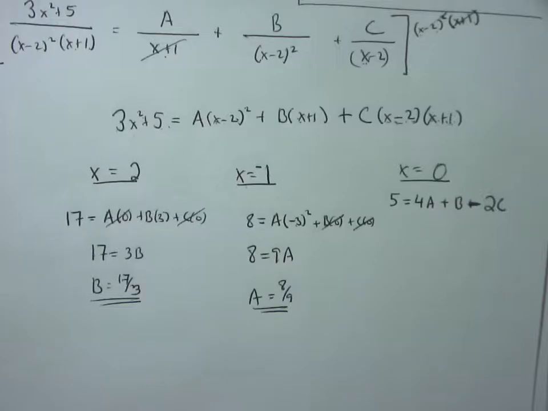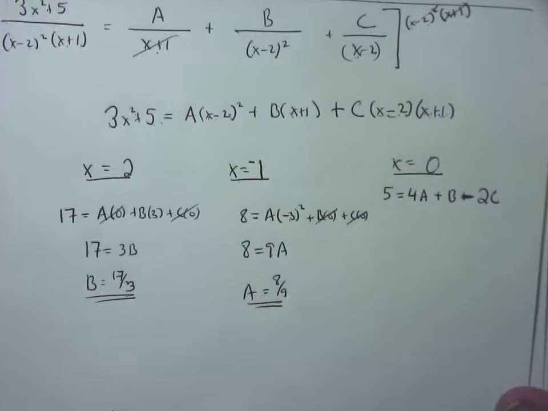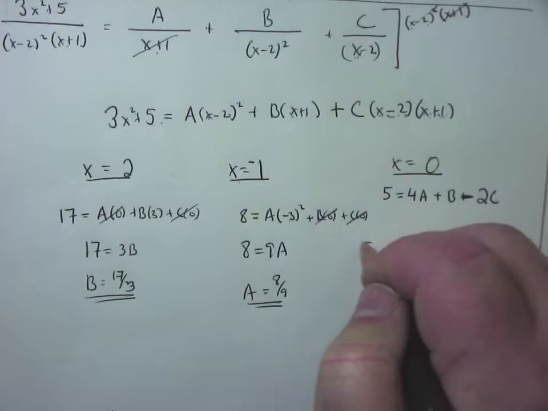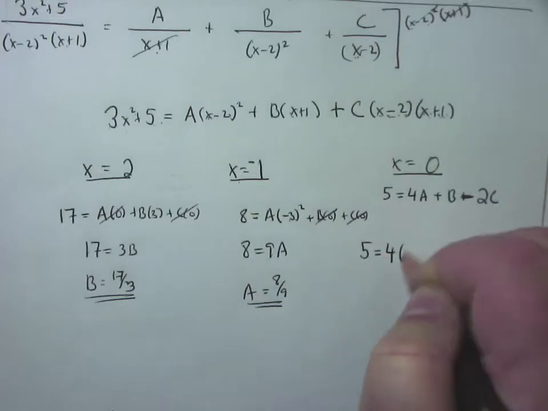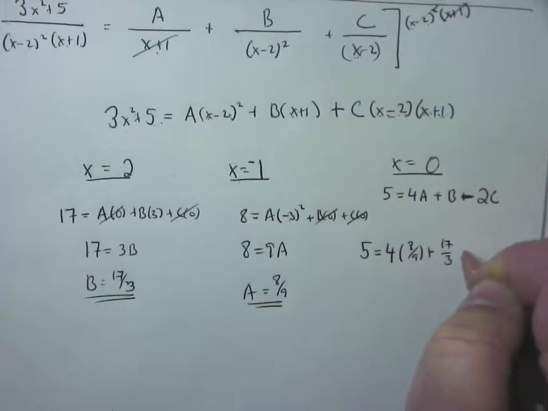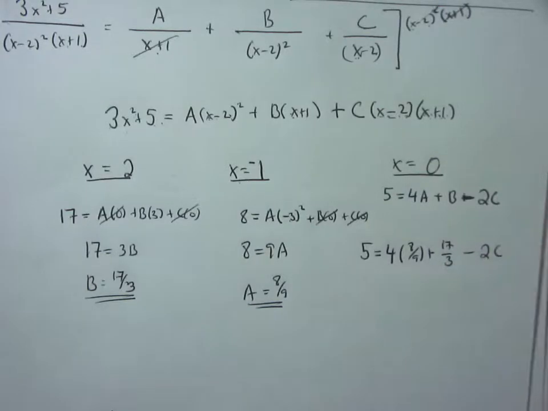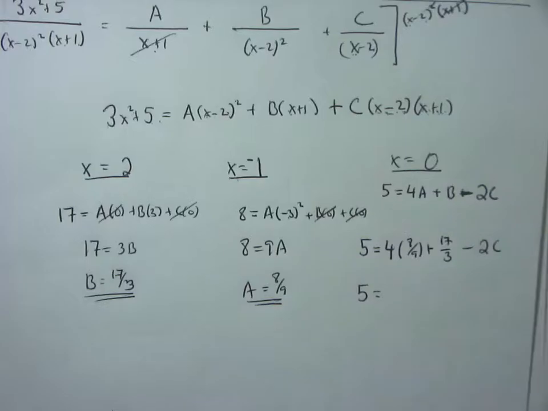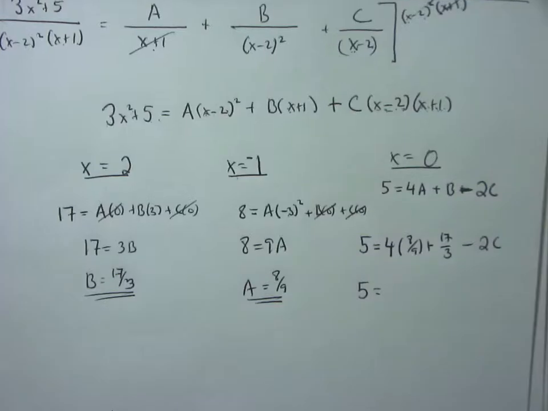Now, these are crappy fractions, but that's what real well-worked problems look like for you guys. Nothing ever works out, answers 2. No, it doesn't work out like that. So I'm going to plug in crappy fractions here, but I'm going to show you quickly how to get this problem done. So 5 is equal to 4 times a, which is 8 ninths, plus b, which is 17 thirds, minus 2c. Now this is why I allow calculators.